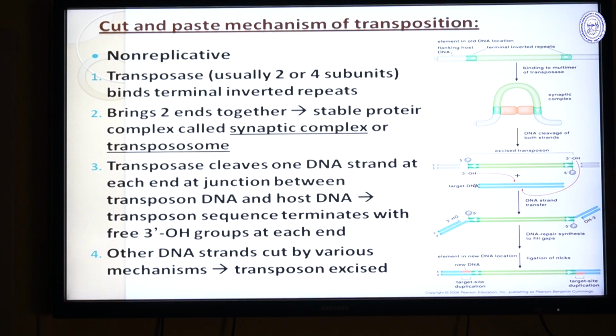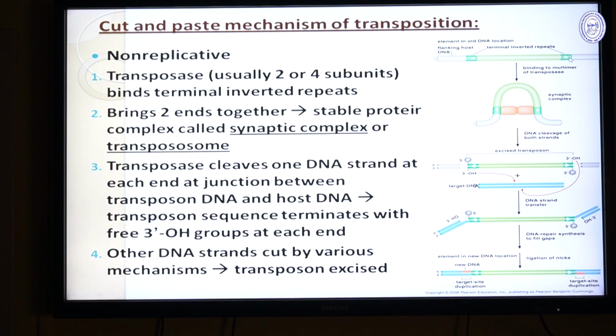Let's see the first structure of the DNA transposon. It is basically the DNA transposons that undergo this kind of mechanism. So we have the light green part that is responsible for the gene producing the transposase enzyme. Then we have the terminal inverted repeats.